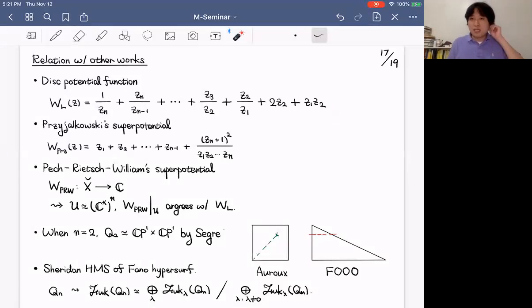And in the context of Sheridan's homological mirror symmetry of Fano hypersurfaces, quadric hypersurfaces are one example of Fano hypersurfaces, the Fukaya category decomposes into pieces labeled by lambda, the eigenvalues of the c1 cup product. And in this one, indeed, we can recover the full subcategory other than the zero critical value summand.